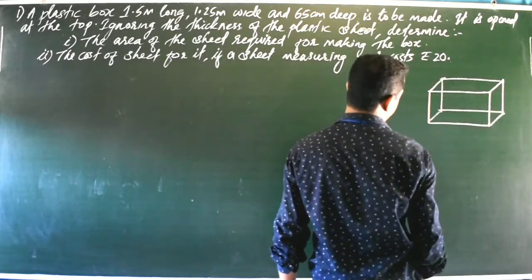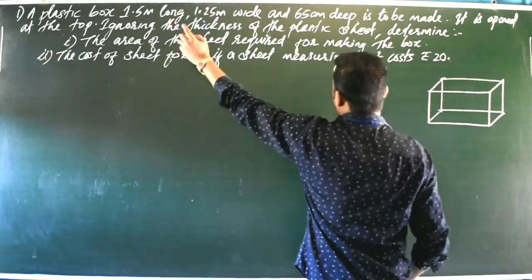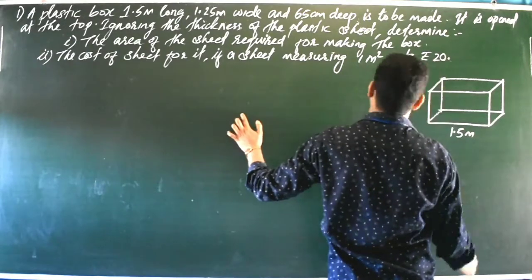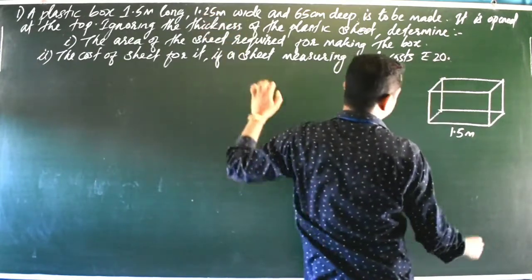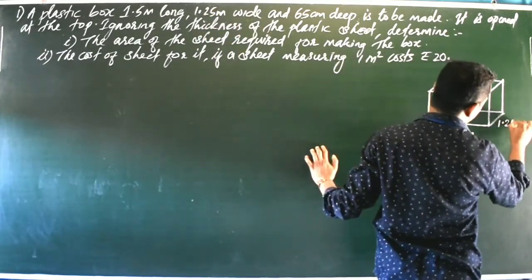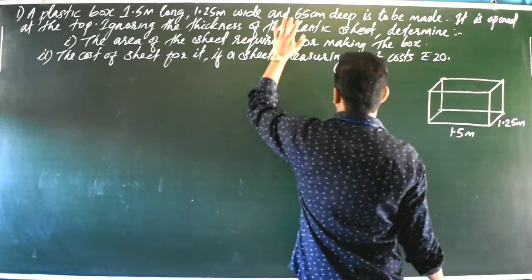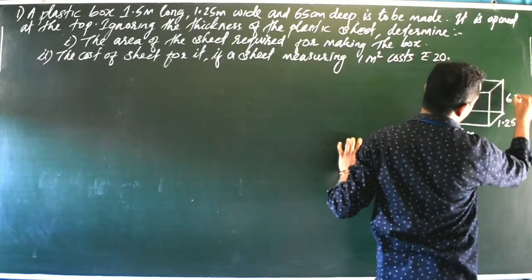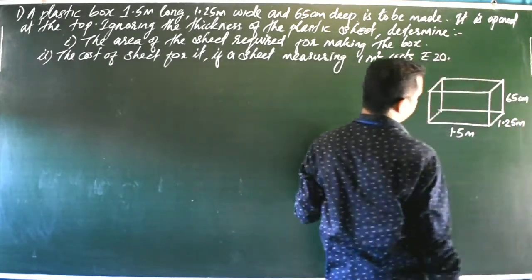And mark values. Its length is 1.5 meter, breadth 1.25 meter wide, and 65 centimeter deep. Its depth or height is equal to 65 centimeter.